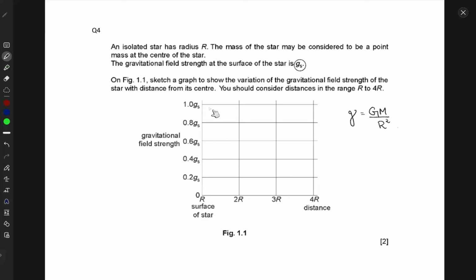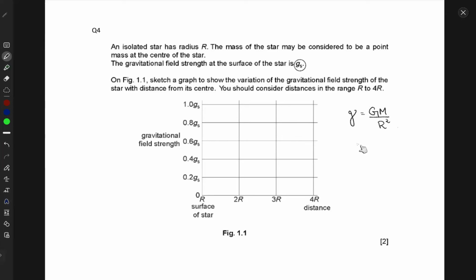So what is the shape of this graph that I could expect? Would it be a straight line or would it be a curve? Curve, yeah, so it would be a decreasing curve. How would it curve really?